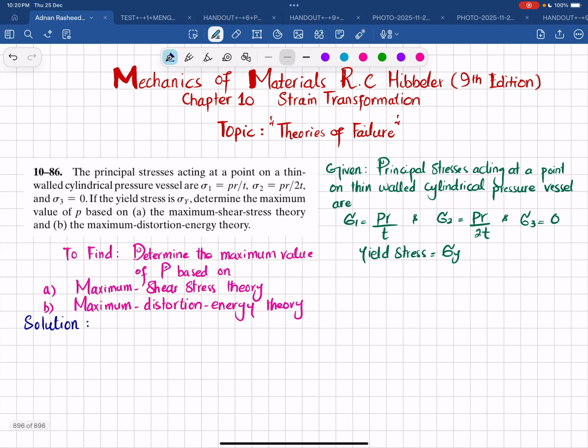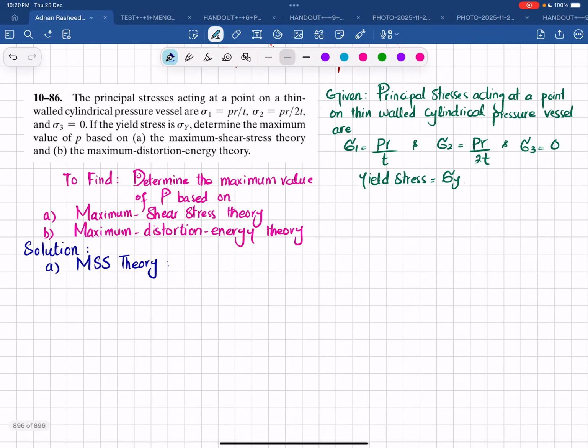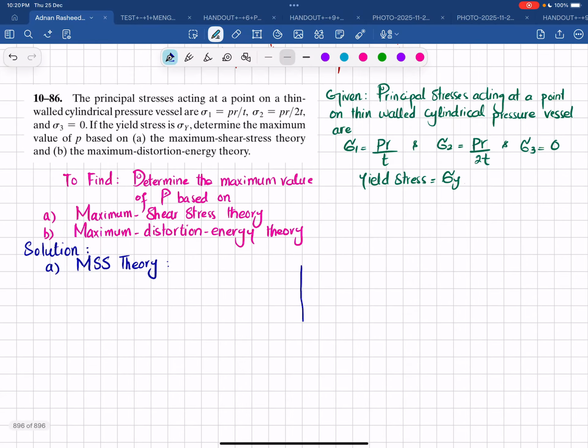So first we will solve this by using the maximum shear stress theory, which is also known as MSS theory. As we have been given sigma 1, sigma 2 and sigma 3, first we will plot these three stresses. On the x-axis you can take normal stress, and on the y-axis you can have shear stress.